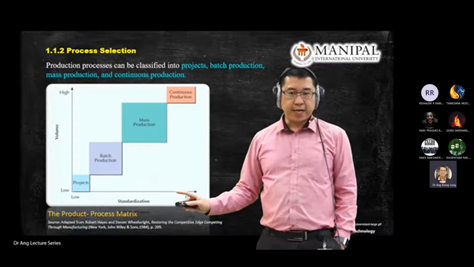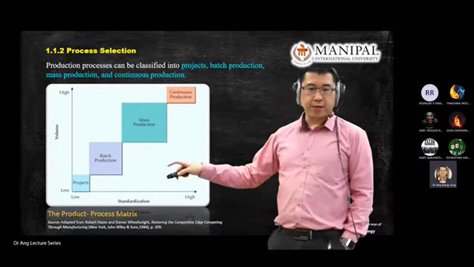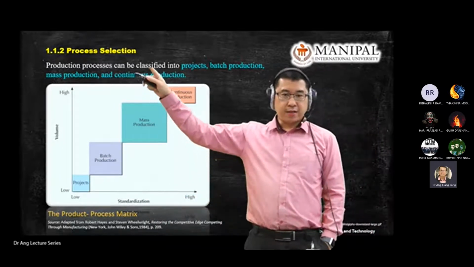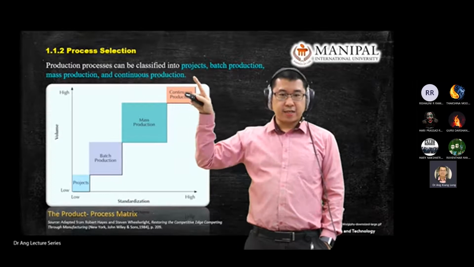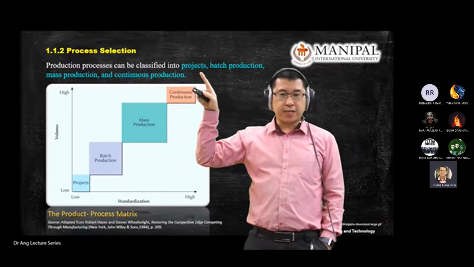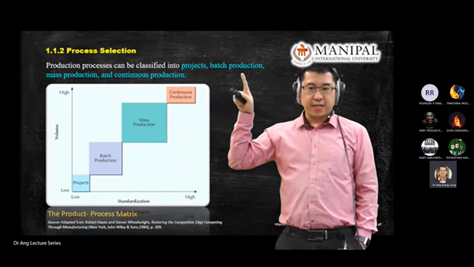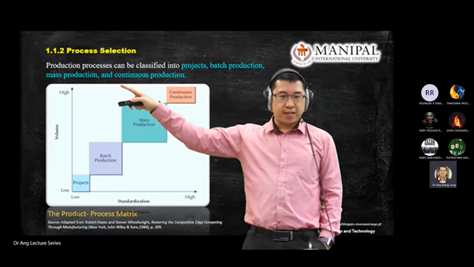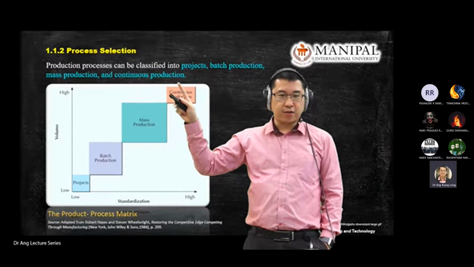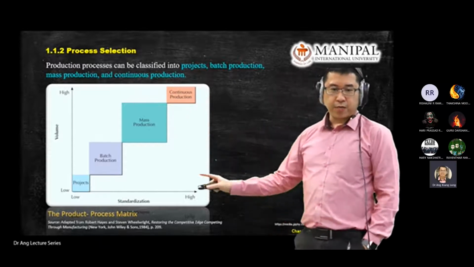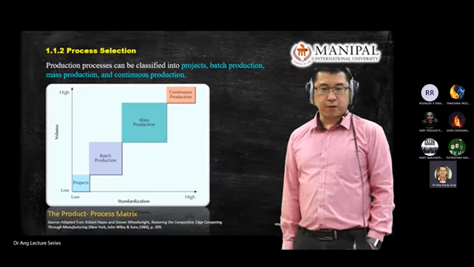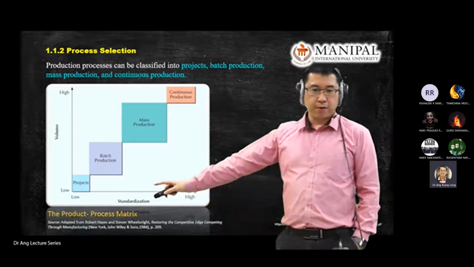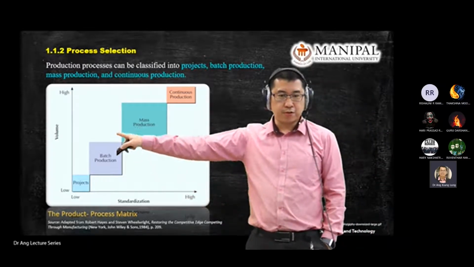You can explain about your assignment later on, why you can say that you are doing a project, why you are doing batch production, why you are doing mass production and continuous production. You can use the product process matrix to help you define your answer.